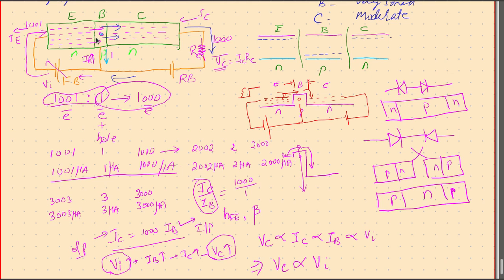Because of the small region, the majority of the electrons are pumped into the collector. In the two-diode case, the electrons travel from this point to this point, and each electron may get a hole on the way, and all these electrons get their partners and just sit there.